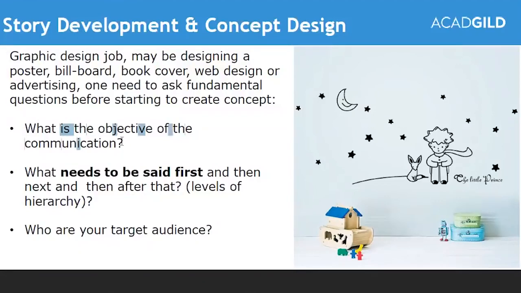My second question would be, what needs to be said first, then next, and then after? We call this the three whys, because while thinking about anything, we always ask why we are doing this. That is what needs to be said first, then next, and then after.